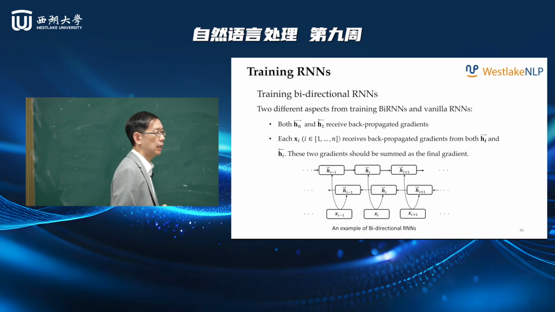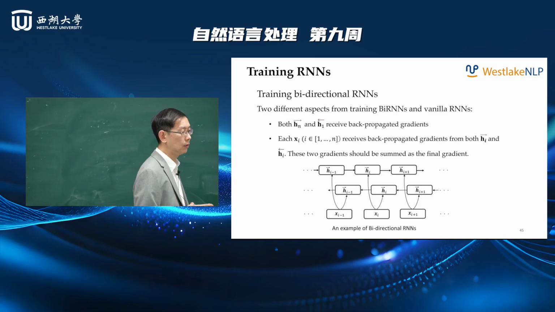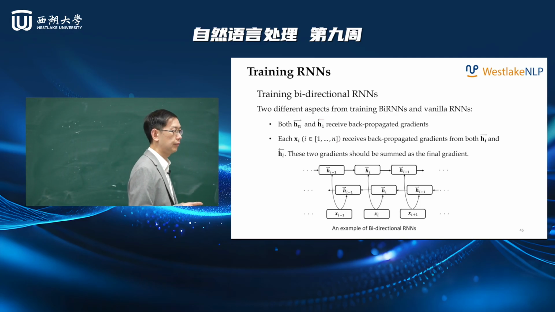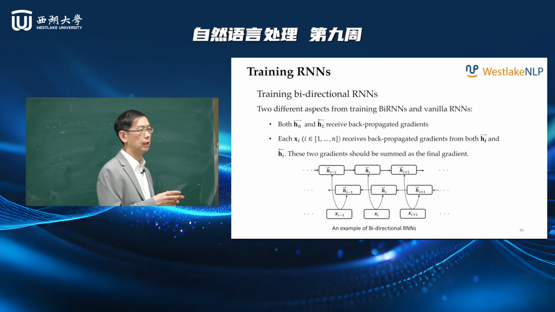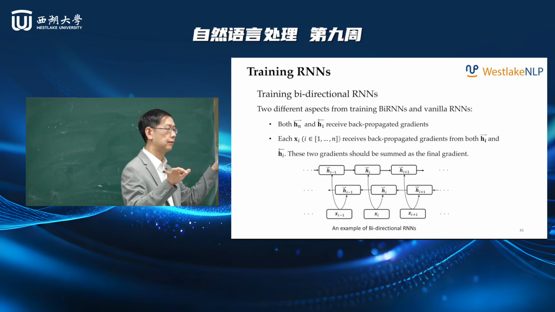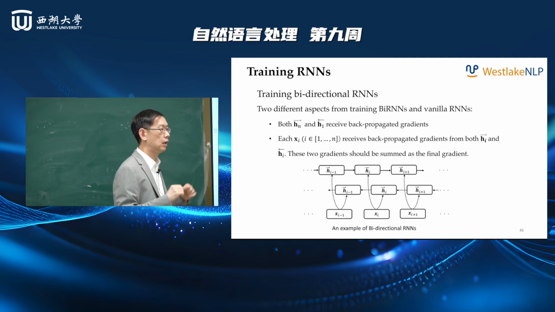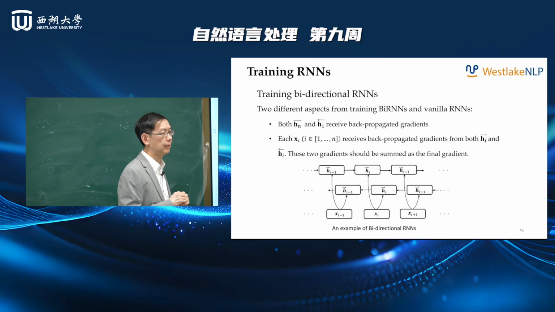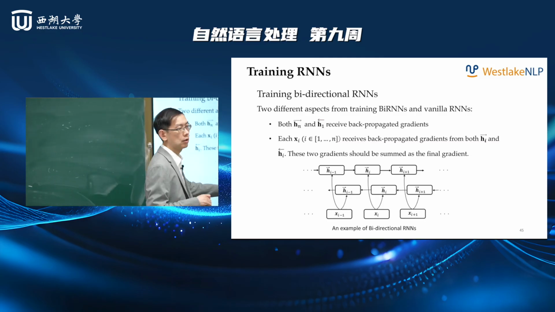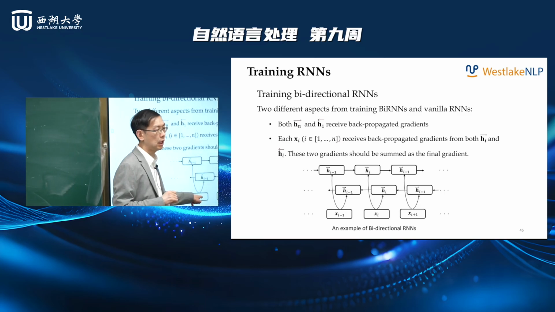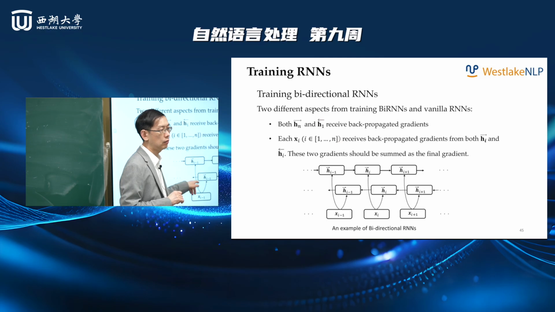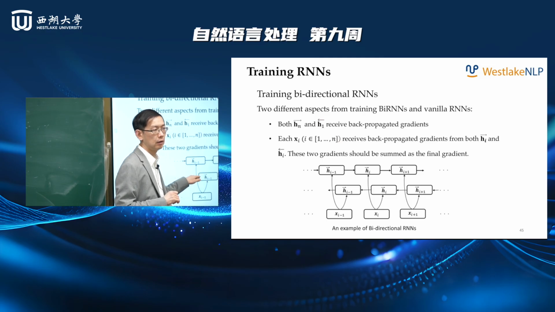So if you look at each RNN component, the backpropagation is the same as backpropagating gradients for one direction, right? It's just that you have two RNNs. So they will have backpropagation rules separately. But then for every X, it is connected to both the left to right RNN and the right to left RNN.